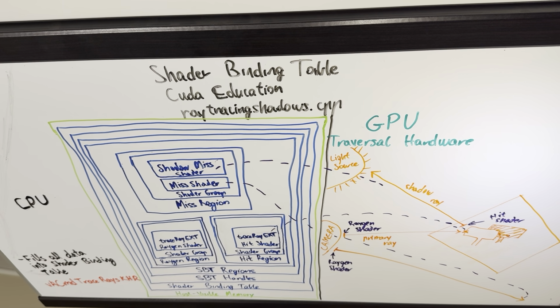For this area right here. And that's it, guys. That's your CPU, your GPU, your shader binding table, your RayGen shader. All of this is the RayGen shader, and this is the hit shader right here that launches the shadow test ray, traceRayEXT, vkCmdTraceRaysKHR.